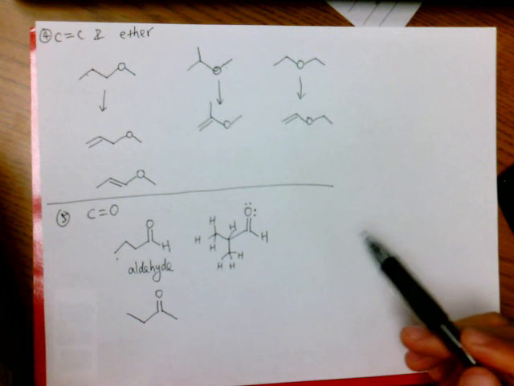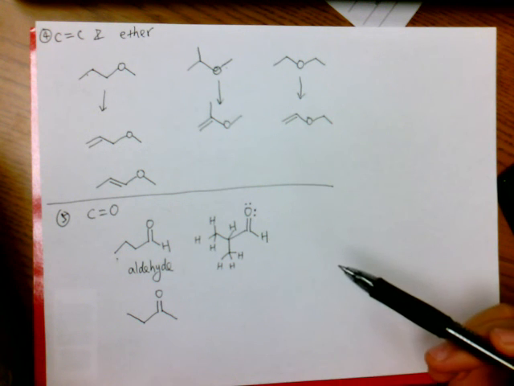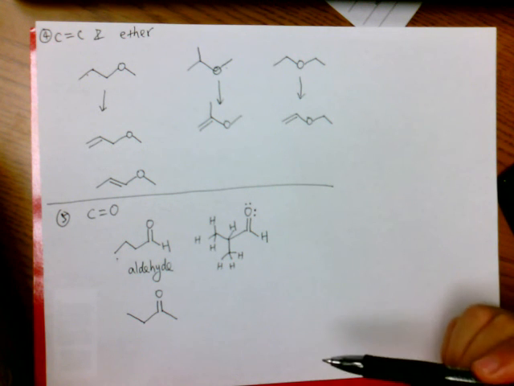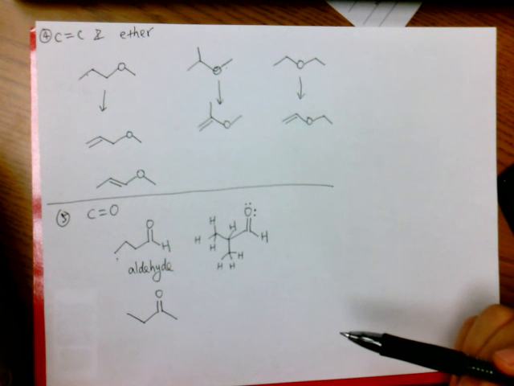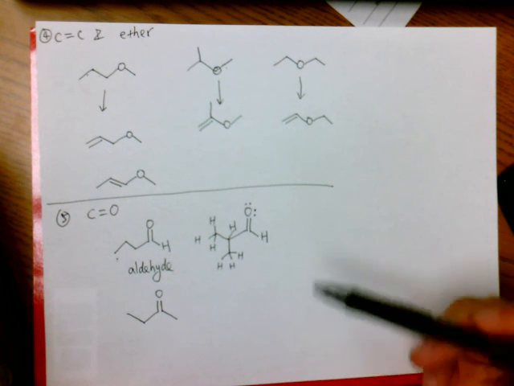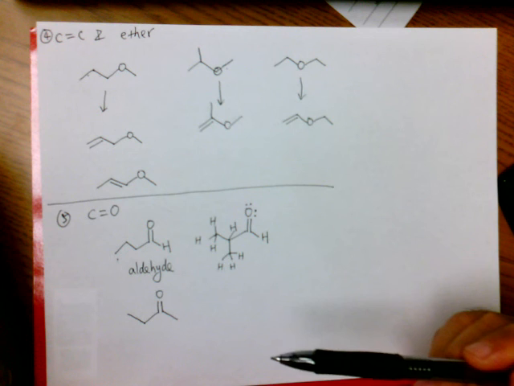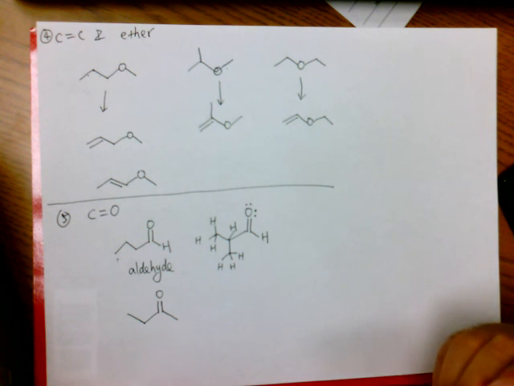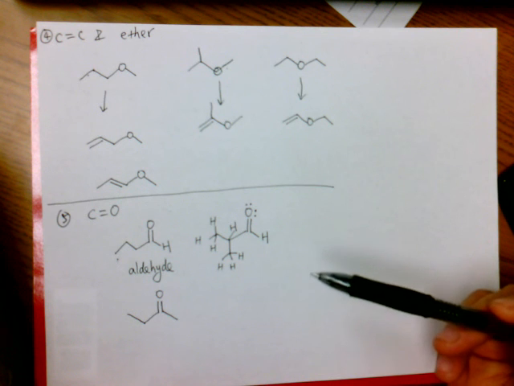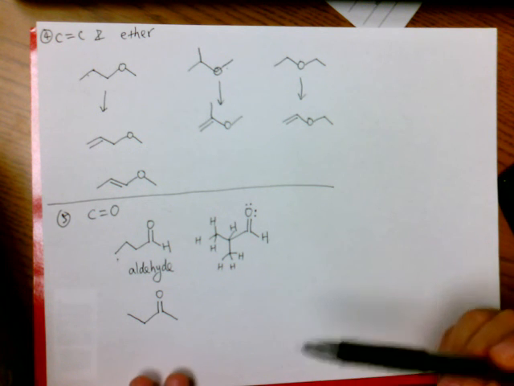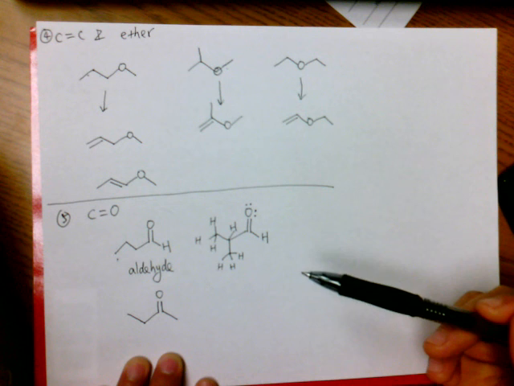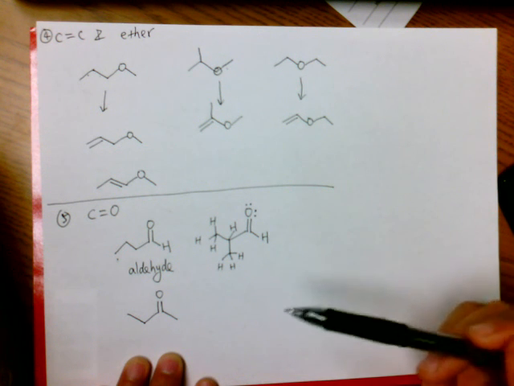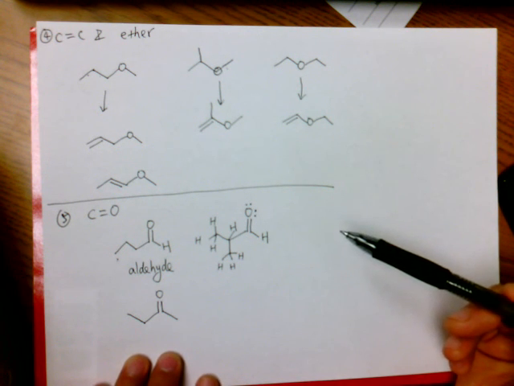So let me recap. When we draw constitutional isomers, because it can be so complicated with so many different possibilities, it's a good idea to follow a few simple steps. Number 1 is to calculate our degree of unsaturation, and then speculate: do you have a ring, do you have a double bond, or do you have other structures potentially?